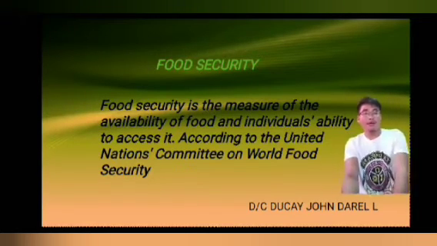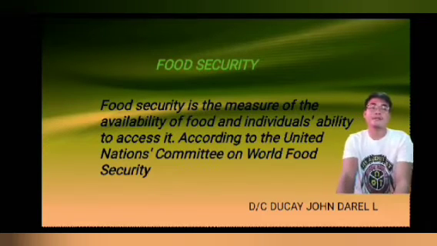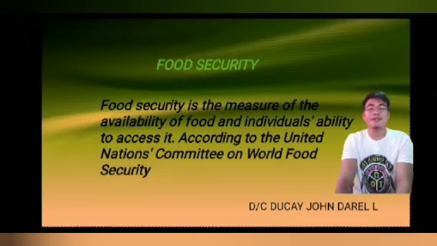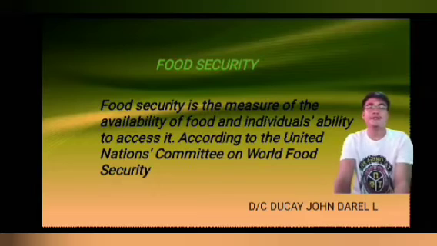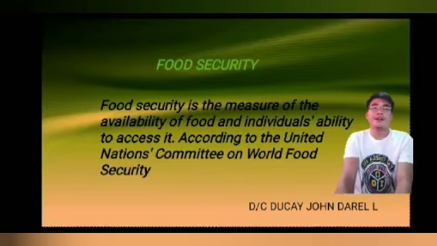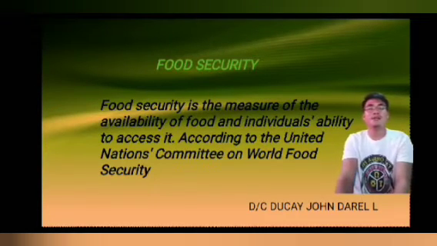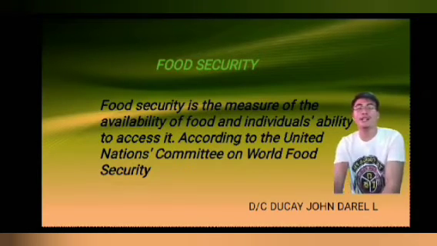According to the United Nations Committee on World Food Security, food security is defined as meaning that all people, at all times, have physical, social, and economic access to sufficient, safe, and nutritious food that meets their food preferences and dietary needs for an active and healthy life.